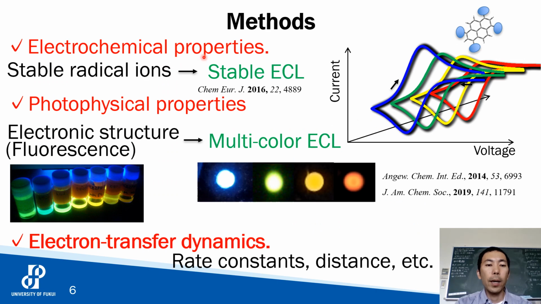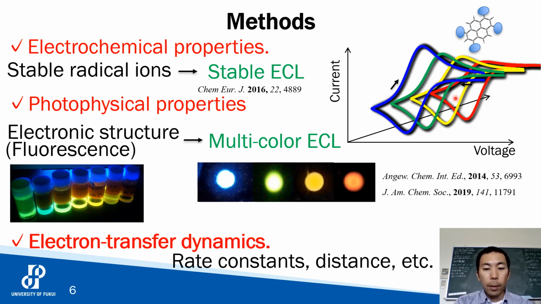One way to realize a stable ECL system is to use stable radical ions. You can easily check how stable the radical ions are through cyclic voltammetry. This is an illustration of cyclic voltammograms, which are a relationship between the applied voltage and the current flow. In this measurement, voltage will be cycled like this.